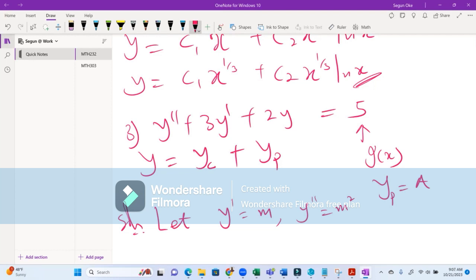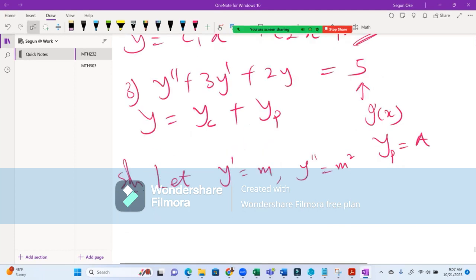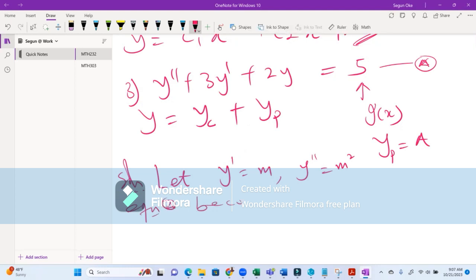I'm just representing now. Right. So let's call this one equation triangle. Equation triangle becomes m squared plus 3m plus 2.